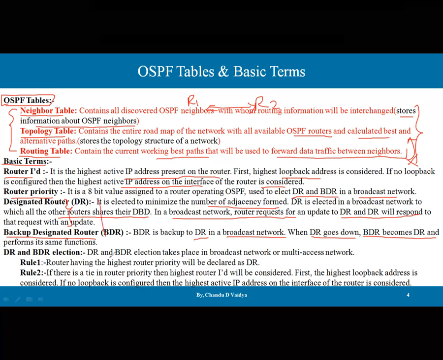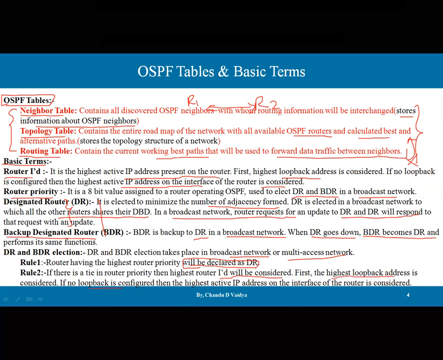There are some rules. Election takes place in the broadcast network and the multi-area network. Rule number one: the router having the highest router priority will be elected as the DR. So the one with the highest priority will be elected as the DR. And rule two: if there is a tie in the router priority, then the highest router ID will be considered, and first the highest loopback address is considered.